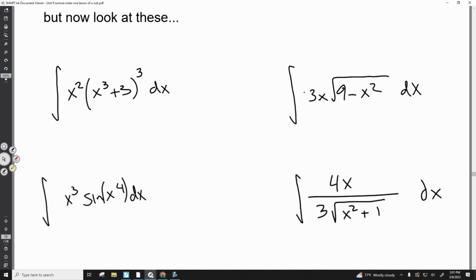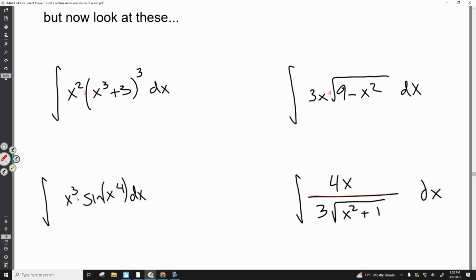Now you look at these, and a lot of people think, oh, these are different because these are products, these are quotients. Mr. Messner must now teach me the product rule or the quotient rule for antiderivatives.